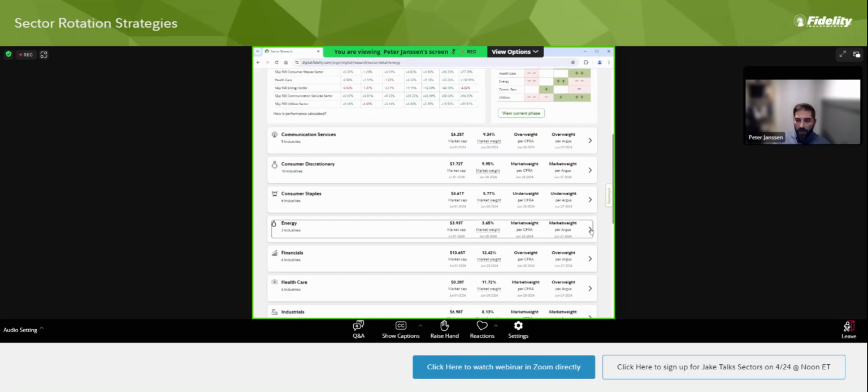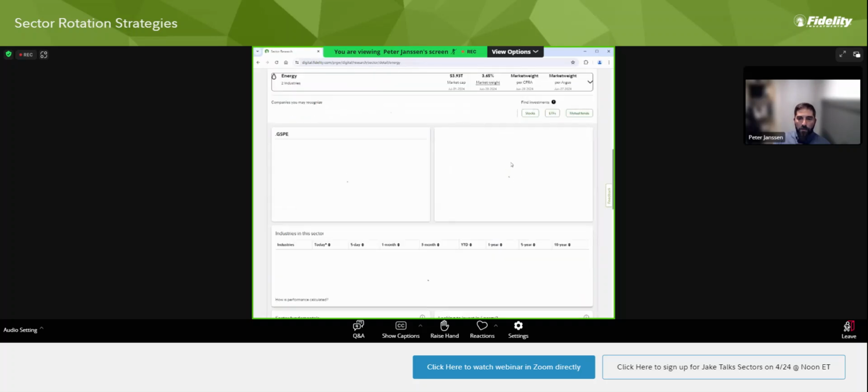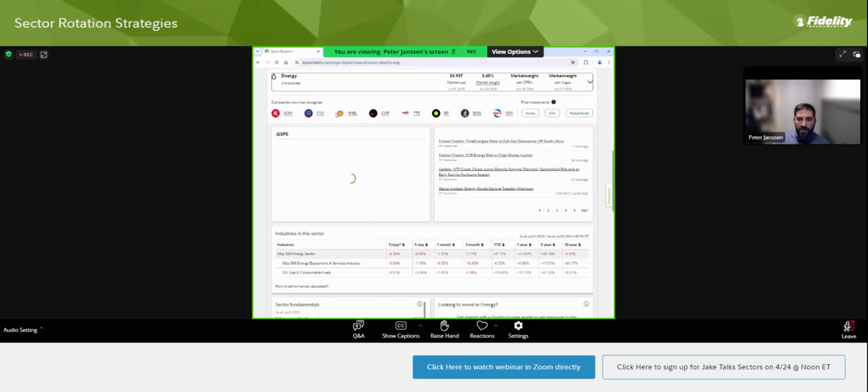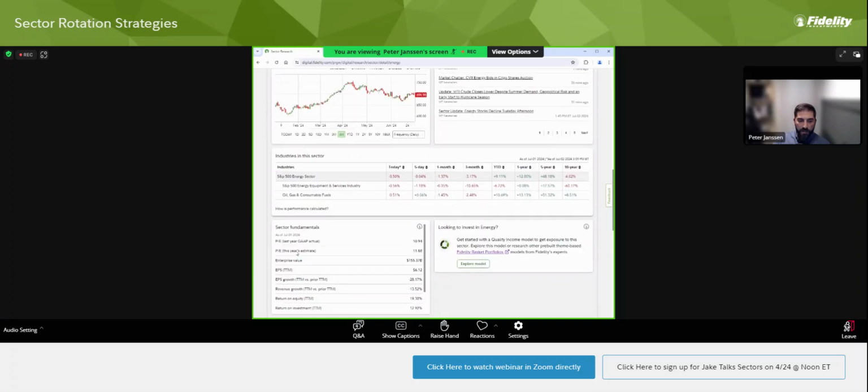This is also where, if you wanted to take a look at energy, for instance, you could click down below and view what these sample companies might be, different types of news that could be out there, the industries included. Obviously, fewer industries here in energy than some of those others we had observed, but then also some of those sector fundamentals, such as the normalized PE ratio and earnings per share.